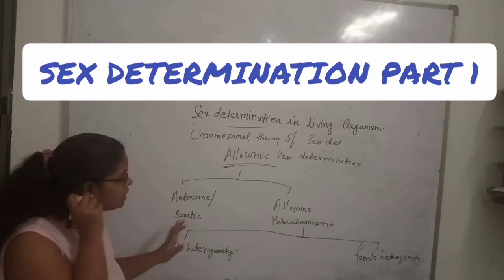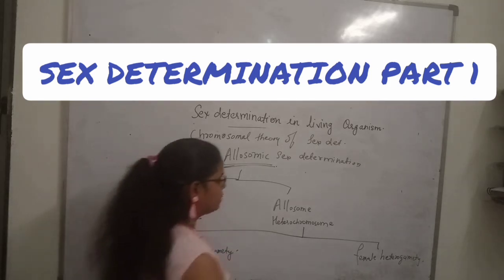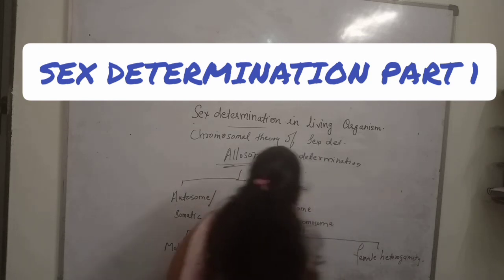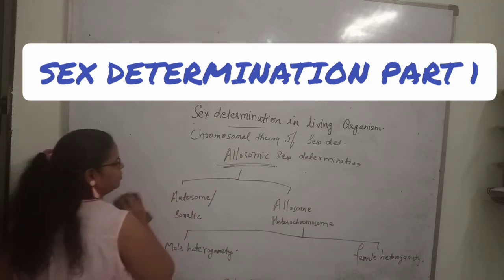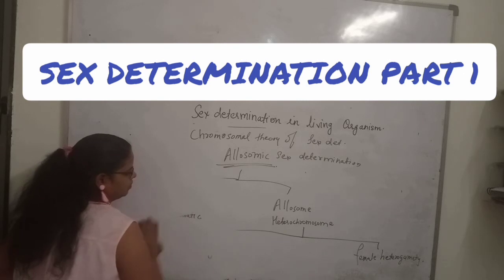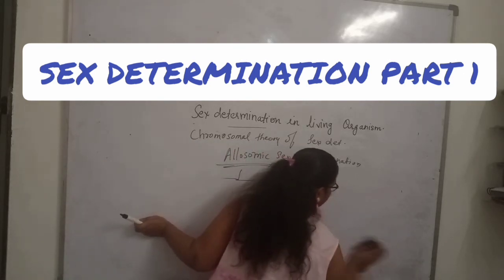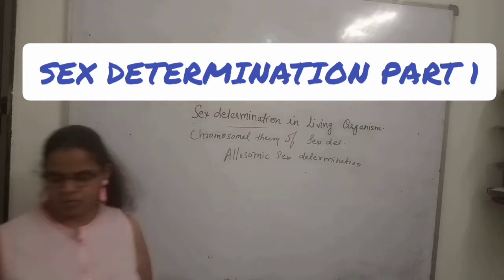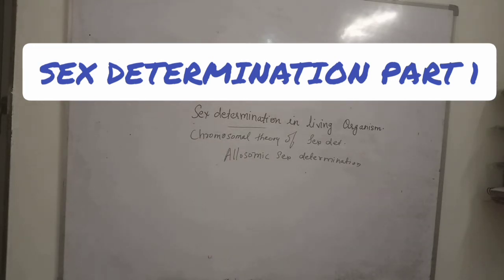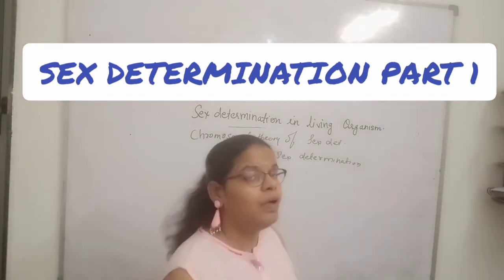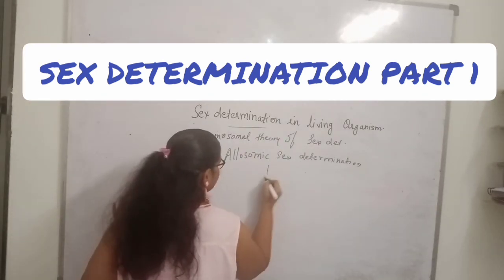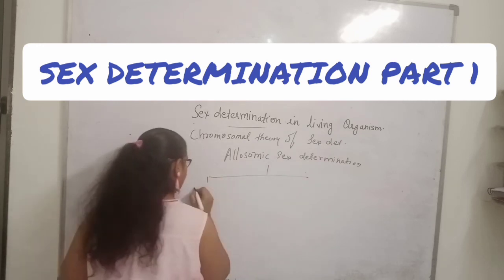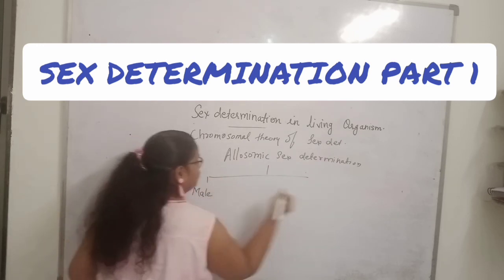You write down this much and then we will move towards the next part of this, male heterogamety and female heterogamety. Hope you have. So now, in allosomic sex determination, we have two parts: male heterogamety and female heterogamety.